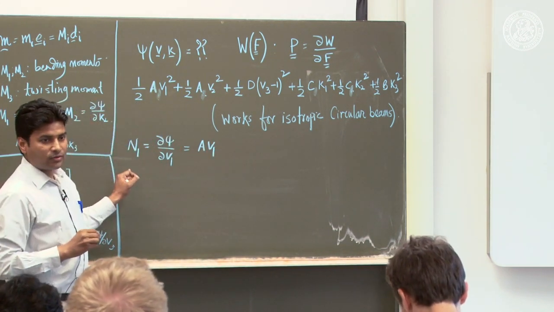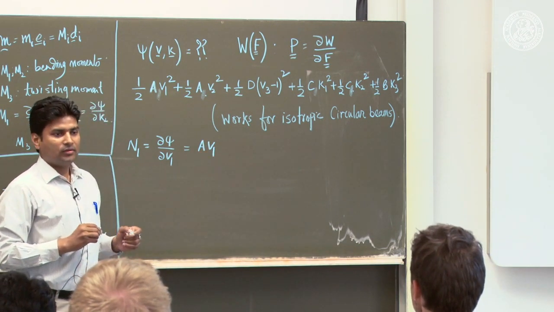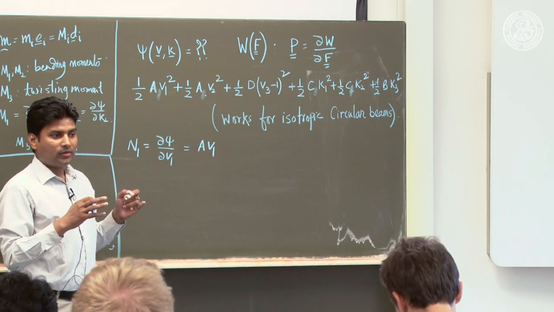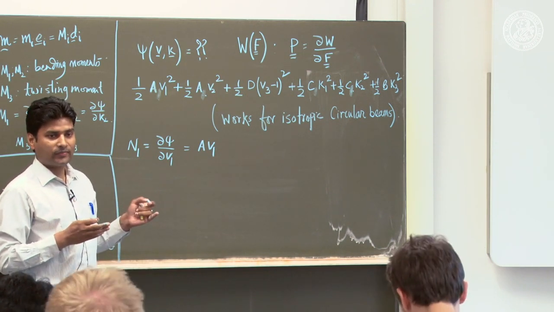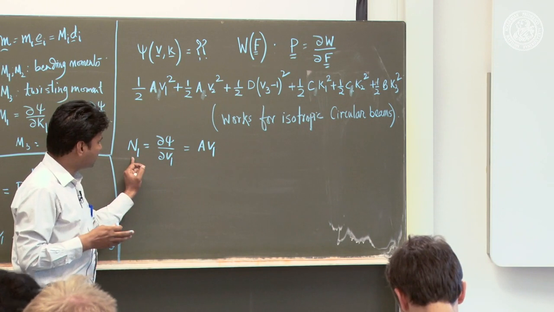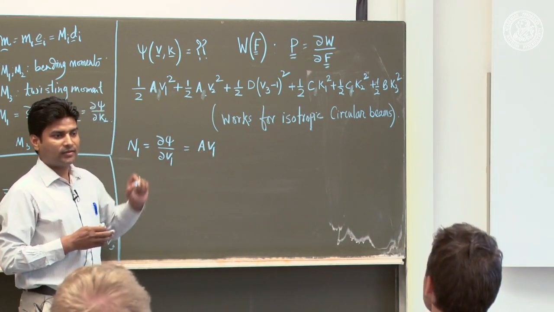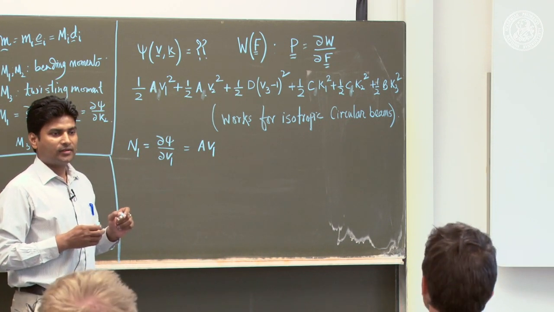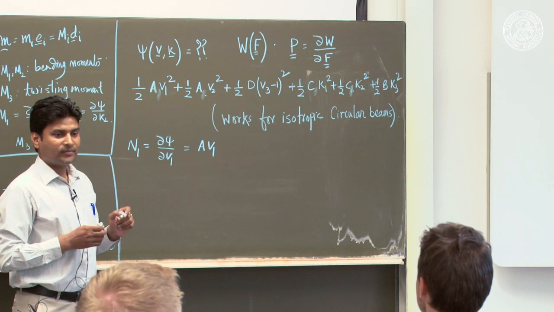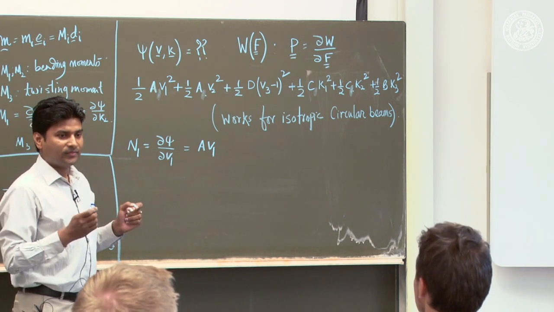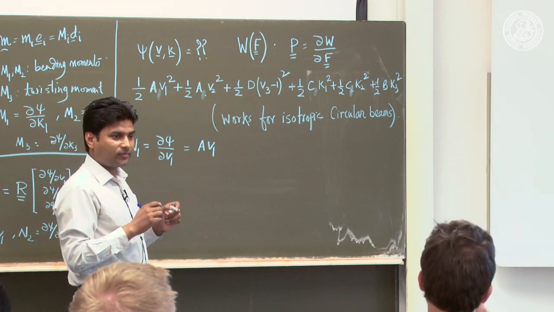So shear force is equal to a constant times V1. Now think of your ordinary beam theory, Euler-Bernoulli or Timoshenko beam theory. What do you write your shear force equal to, something times V1? Do you remember? GA, right? With a correction factor also.